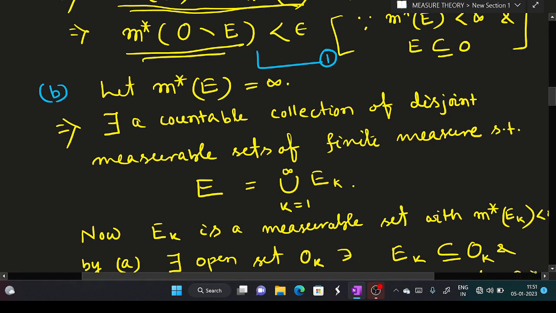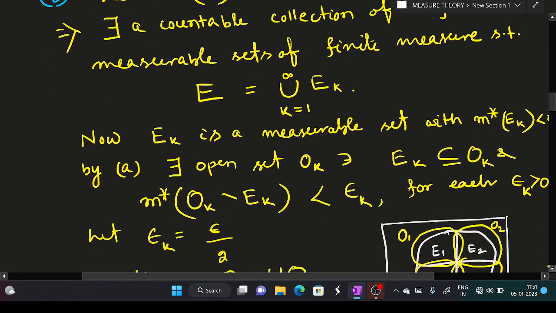So just now in the first case we proved that if any set is measurable with finite measure, then there exists an open set Ok which contains Ek such that the outer measure of Ok difference Ek is less than epsilon k, for each epsilon k greater than 0.